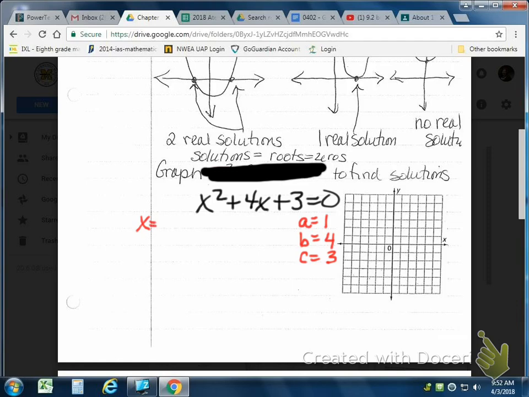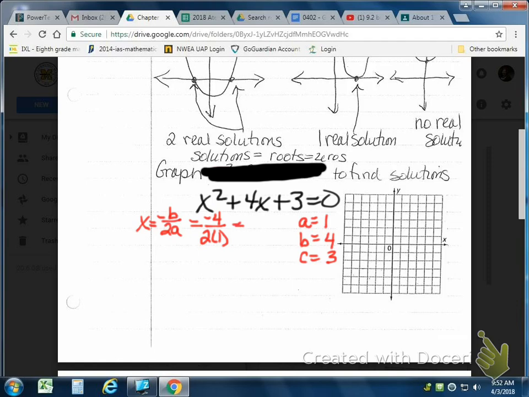What do you have to memorize, Charlie? B over 2A. Not quite. It's not just B over 2A. No, negative B. Yes. Negative B over 2A. So if B is 4, negative B is negative 4 over 2 times 1.